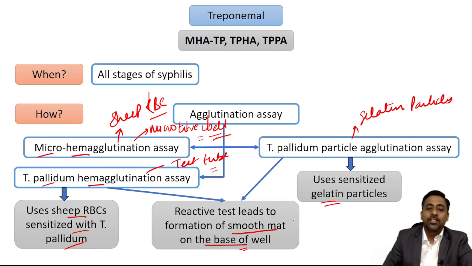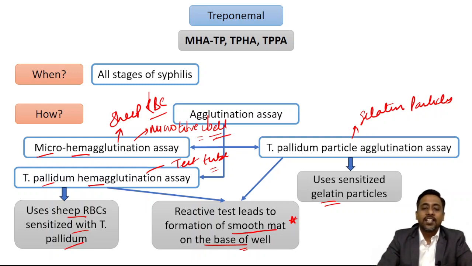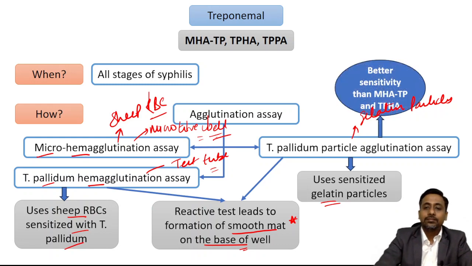This smooth mat formation indicates a reactive reaction. TPPA has better sensitivity compared to MHA-TP and TPHA, so nowadays TPPA is used more commonly.